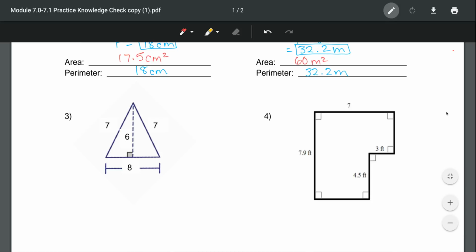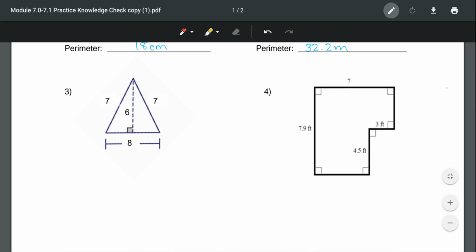So you can record your answers below. Okay, in problem number 3, you have a triangle. The area of a triangle is 1/2 the base times the height, or sometimes you'll see base times height, that product divided by 2. Plug your base and your height into your formula. You need to make sure you can identify which one's the base and which one's the height. The base and the height are perpendicular to each other.